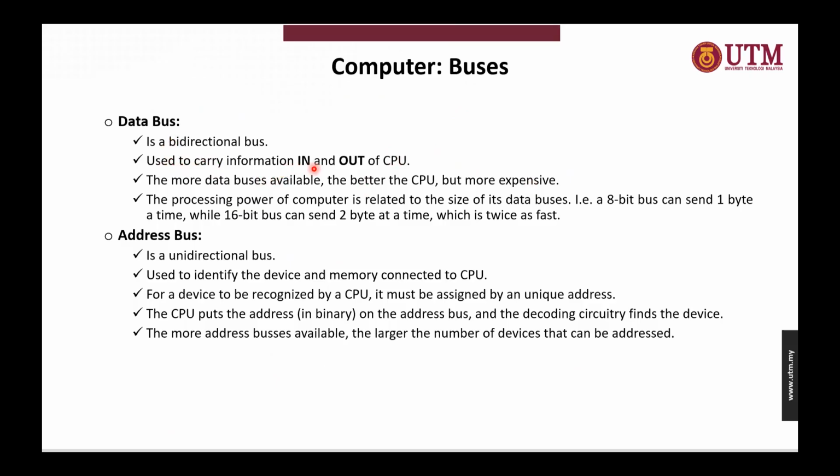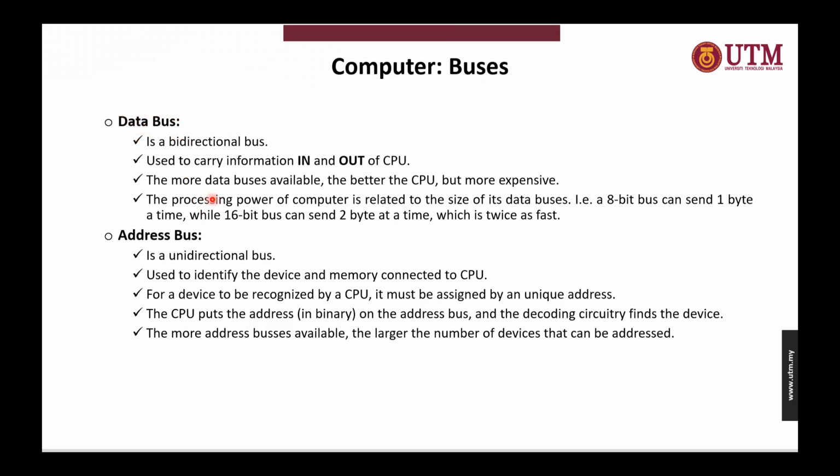The data that you're going to read or write will be sent using this data bus. If you're going to write data to the memory, for example from the CPU to memory, that data will be sent from the CPU to memory using this data bus.